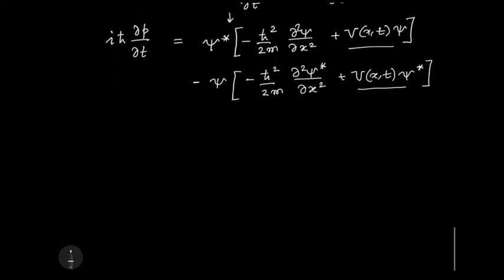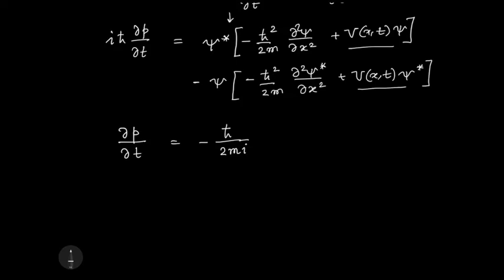So let's see what will I get in terms of del p del t. So del p del t, one h cross will cancel out from both sides. The other will remain. So del p del t I should be able to write like minus h cross by 2m, and I put the i in the denominator.